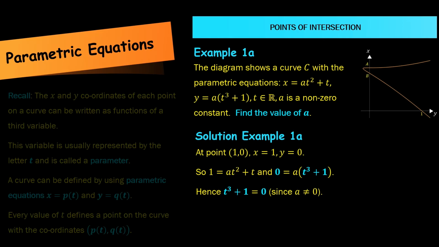Therefore, we have that t cubed plus 1 is equal to 0, since a is a non-zero constant, and therefore we have that t is equal to minus 1.